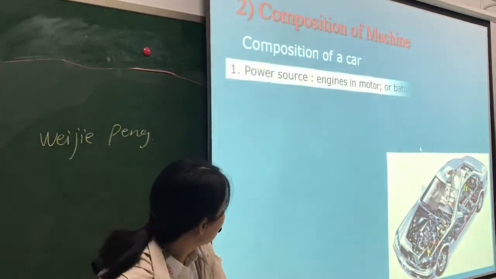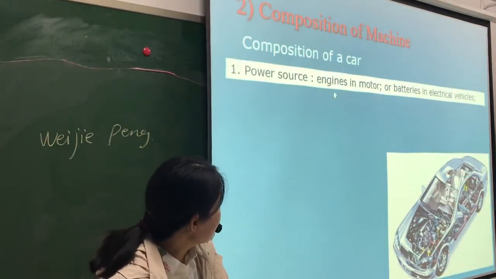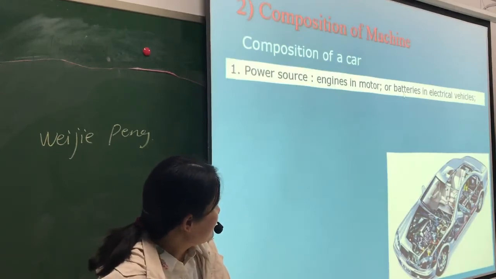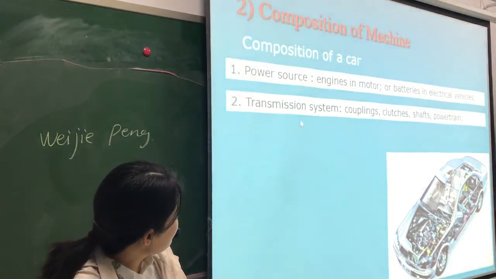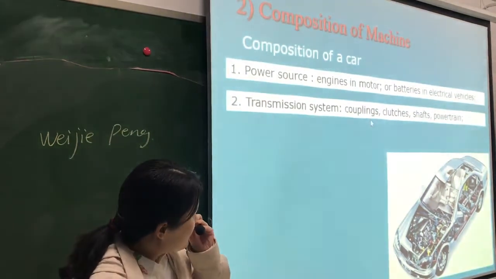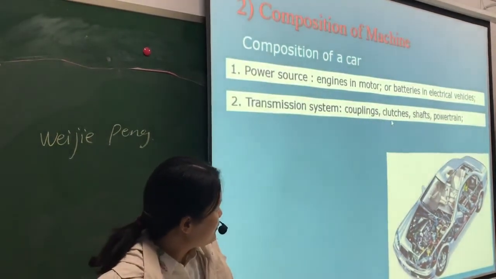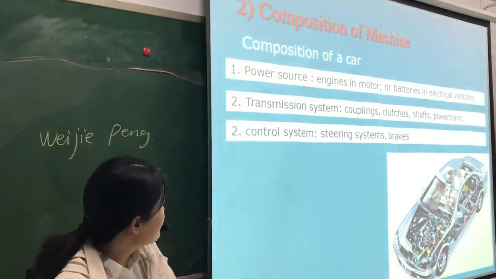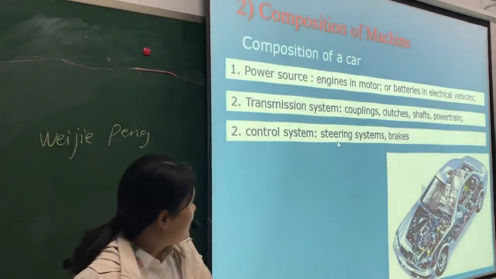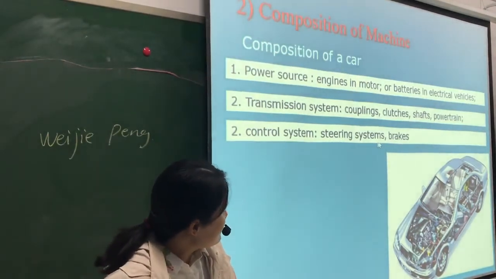For a car, the power source is the engine and motor, the transmission system is couplings, clutches, shafts, and powertrain, and the control system is steering systems and brakes.